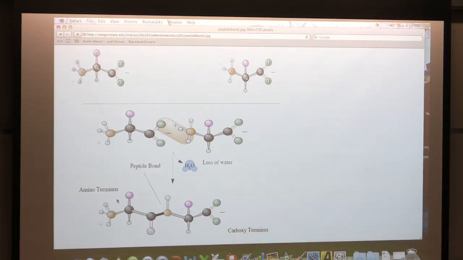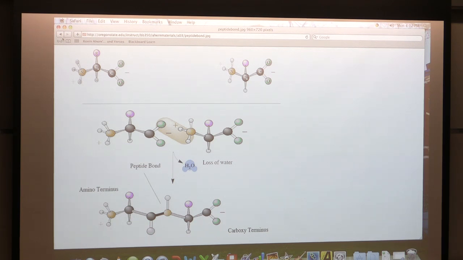If you recall from organic chemistry, double bonds don't rotate. Single bonds do rotate. Okay? So most of the time, we will treat the peptide bond as if it is a double bond, because it really has a lot of the chemical nature of a double bond, not that of a single bond.